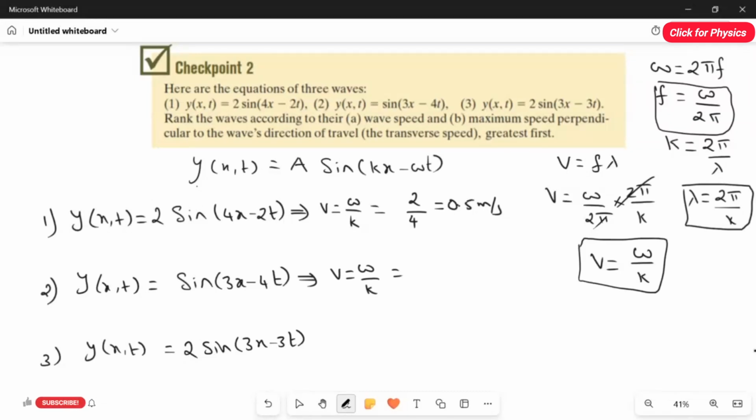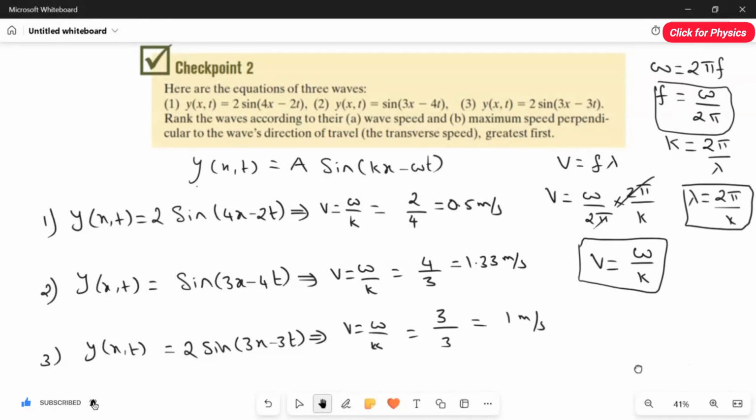Here omega is 4 and k is 3, so 4 over 3, which is equal to 1.33 meter per second. And for the last equation, v equals omega over k, where omega is 3 and k is 3. So 3 over 3, which is nothing but 1 meter per second.